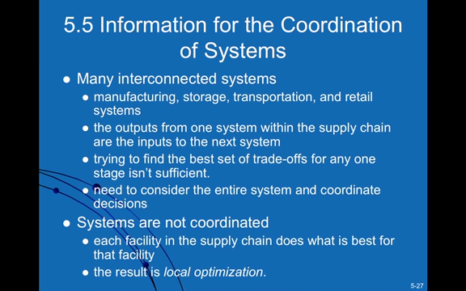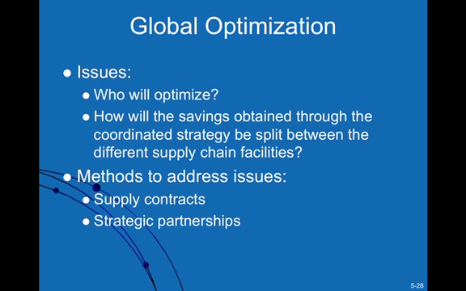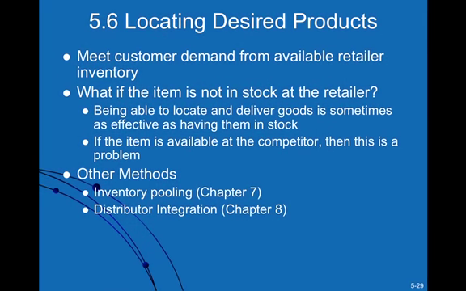We would typically get a locally optimized supply chain, because each person is doing what is best for them. If we could actually deal with global optimization, there are some issues, of course, such as who will actually do the optimization, and if there are savings to be gained, how do you share it among the partners, and so on. So you could use supply contracts and strategic partnerships to certainly help alleviate that problem. All right.